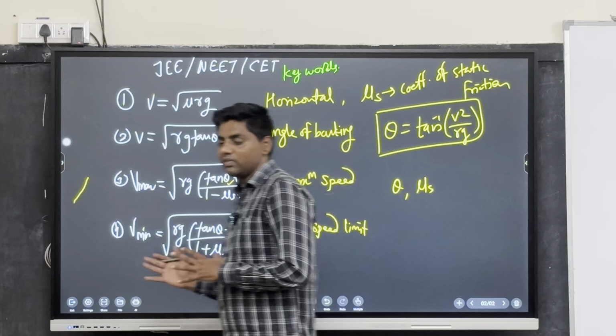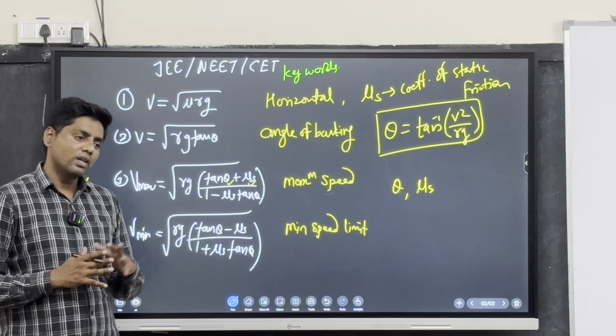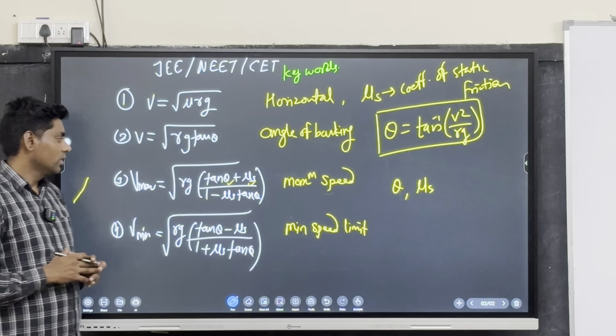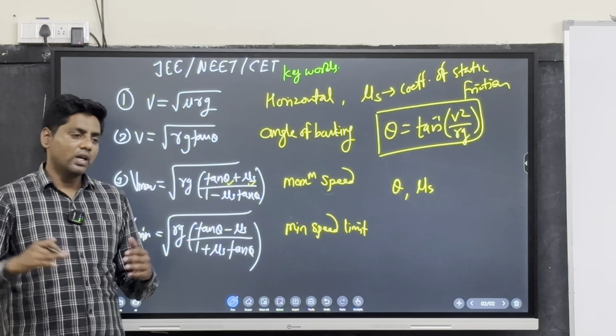According to that, you can find out the speed whenever the vehicle is taking the turn along the curved road.